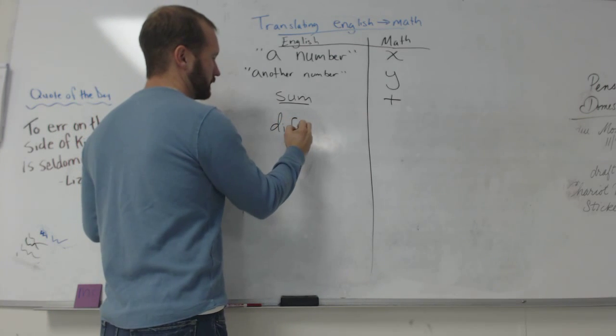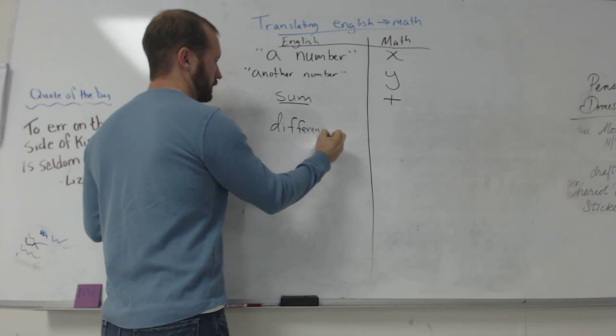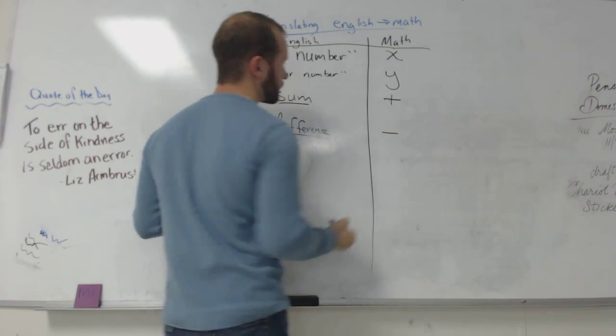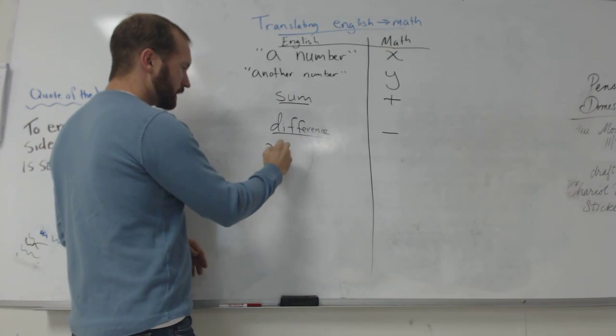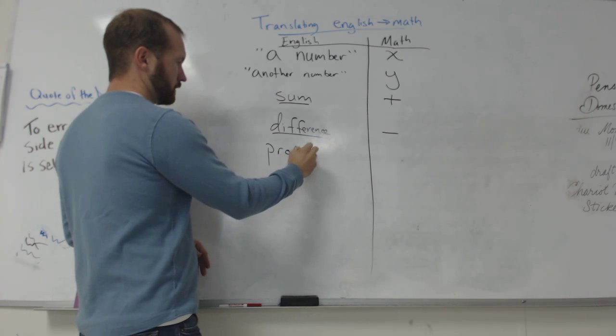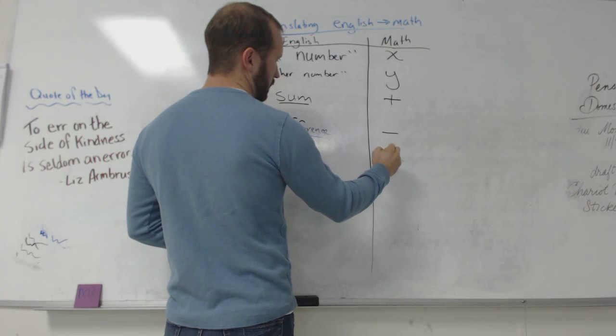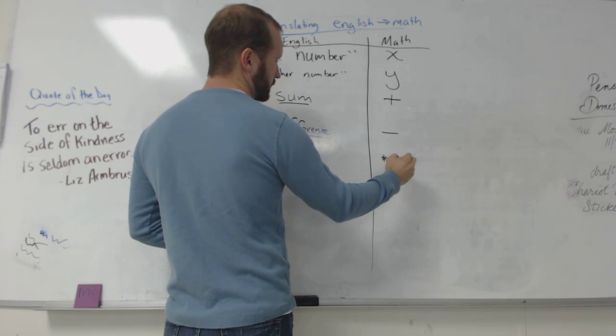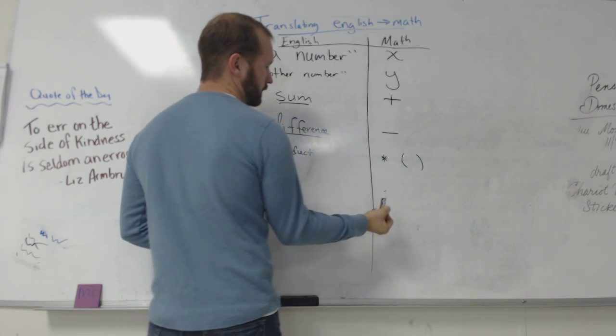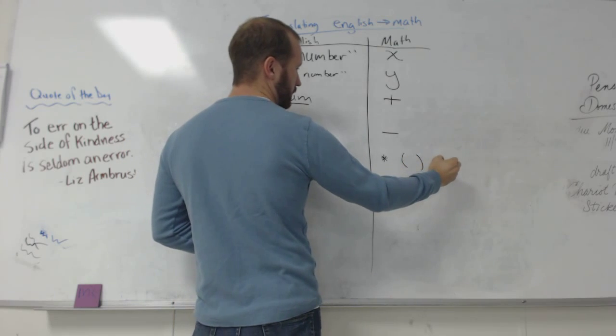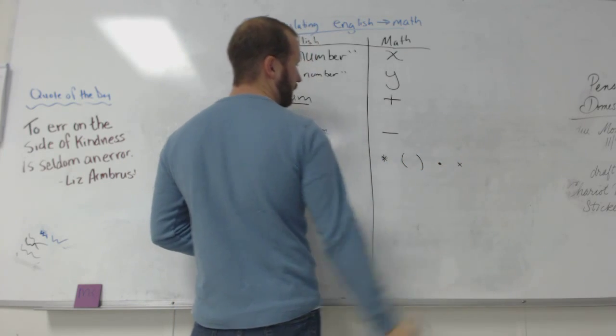Difference means subtract. Product means multiplication. And you could write it like this, or like this, or like this, or maybe with a little x.